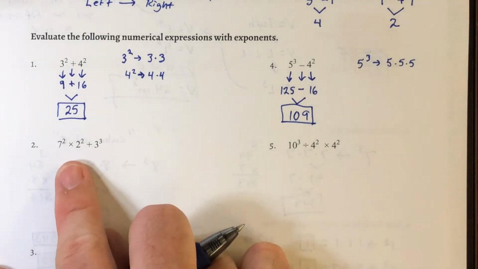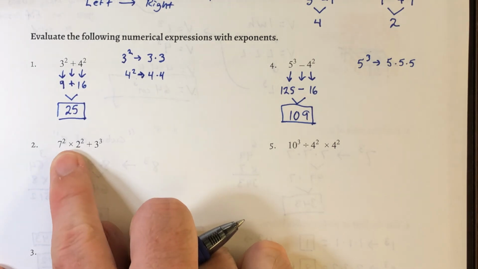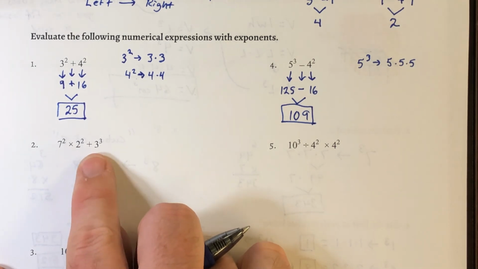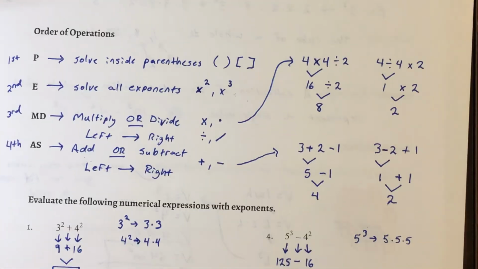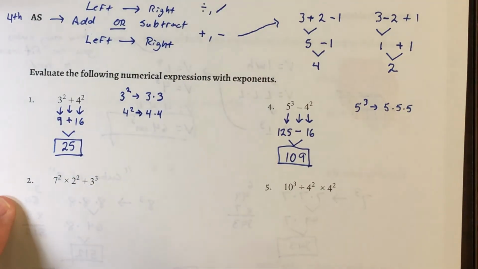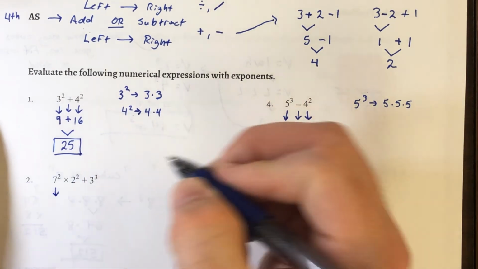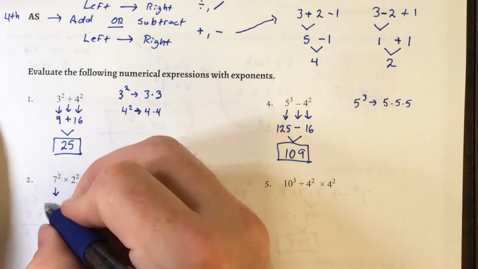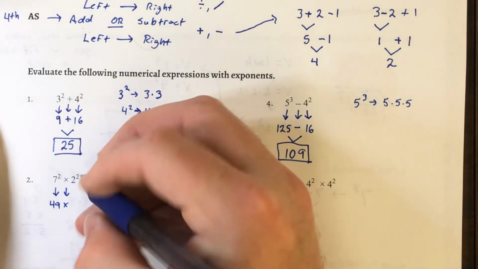All right, on to number 2, the one we should have done. We have 7 to the power of 2 times 2 to the power of 2 plus 3 to the power of 3. First step, are there parentheses? Nope. Second step, are there exponents? Yup. So let's solve all. 7 to the power of 2 means 7 times 7, which is 49. Going to bring down our multiplication symbol.